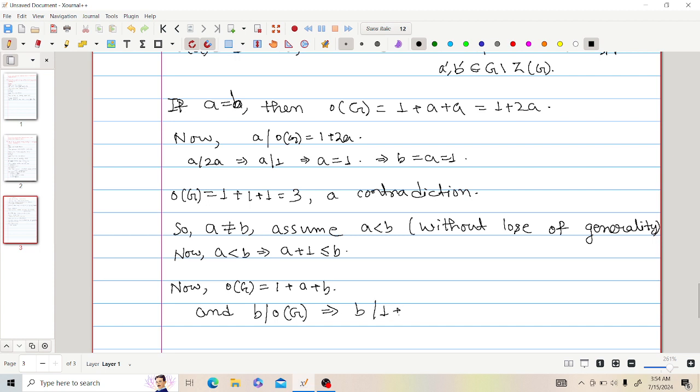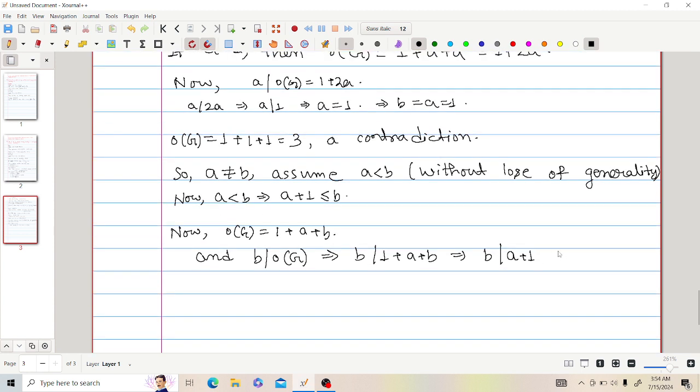B divides 1 plus A plus B. Now B divides B, this implies B divides A plus 1. This implies B is less than or equal to A plus 1. Here we get A plus 1 is less than or equal to B, and B is less than or equal to A plus 1. Combining, we get B is equal to A plus 1.